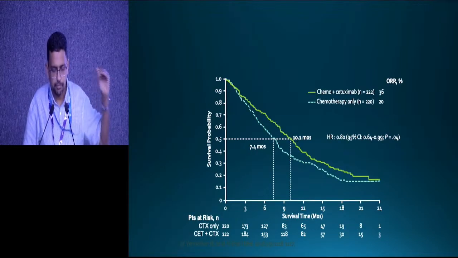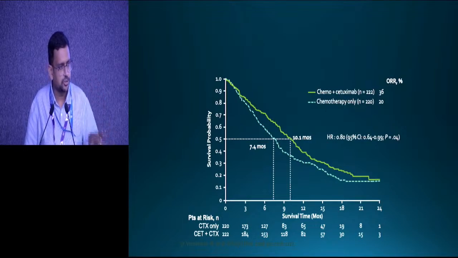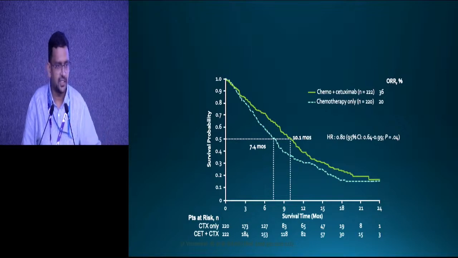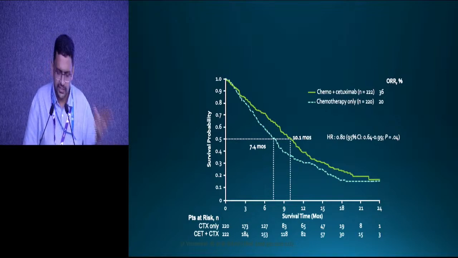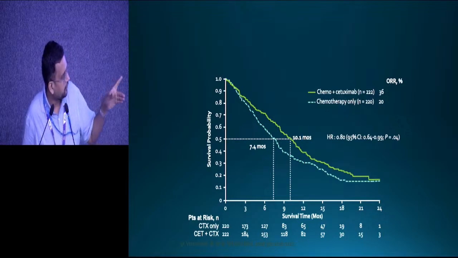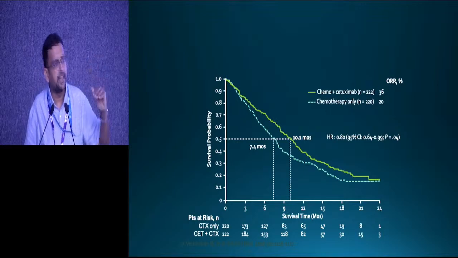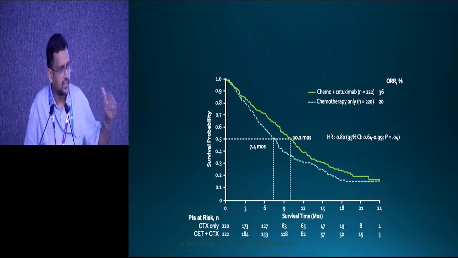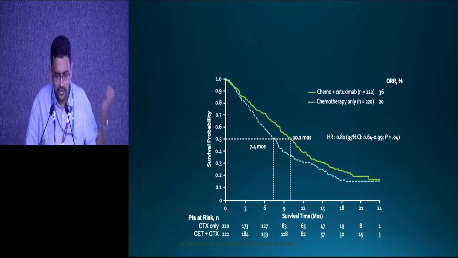This set the bar. Hazard ratio of 0.8. Now, today, with all the immunotherapy studies, 0.8 is considered just about acceptable. It was significant, but just about acceptable. More importantly, look at the number it established, 10.1 months. That's the bar you have to beat if you want to be better than EXTREME. 10 months overall survival versus 7.4 for other treatments.